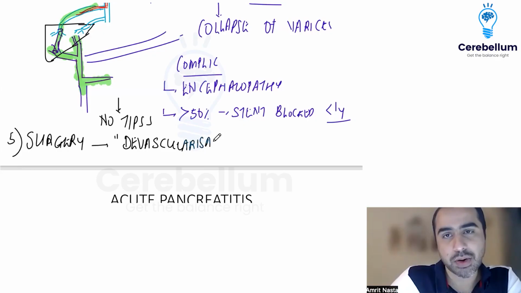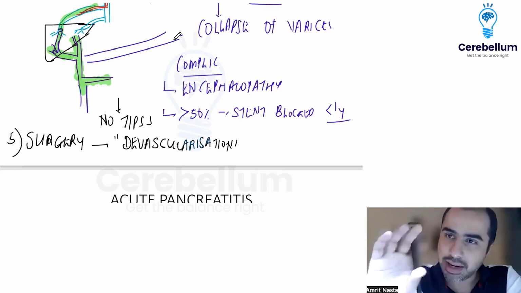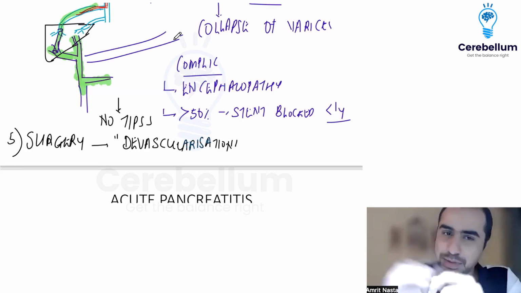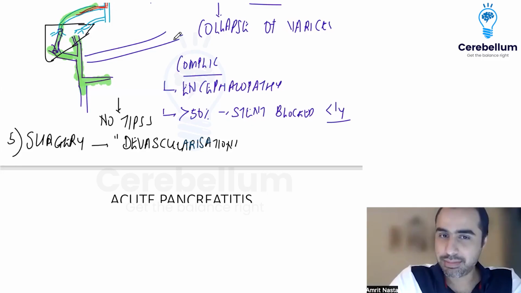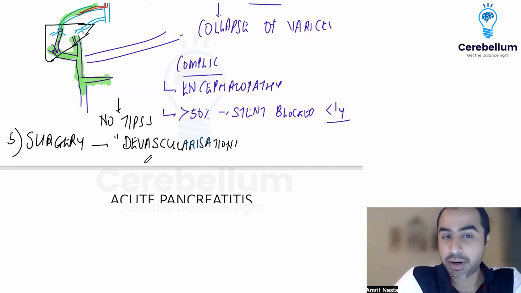Okay, this is called surgical devascularization, where you open the abdomen, you see the varices at the esophagus, and you tie them, tie them, tie them, tie them. सब जगह tie कर दो, इतना बंद हो गई bleeding. है ना? So when nothing will work, you will do devascularization. Okay? So this is how you will manage variceal bleed, but this is not the end of the story.